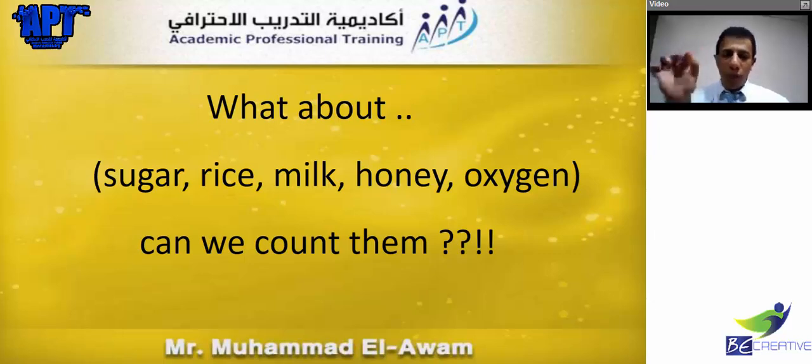Can we count these very small, tiny parts of rice? Do we count each and every single one of them? Of course not. What about milk? And the same with honey. Do we say 2 milks? Do we count every drop? We cannot. The same with oxygen. We cannot count oxygen. It's air. How can I count air? Can we count these words? Of course not.